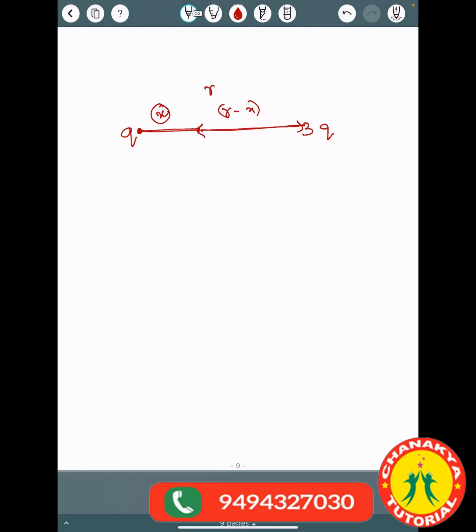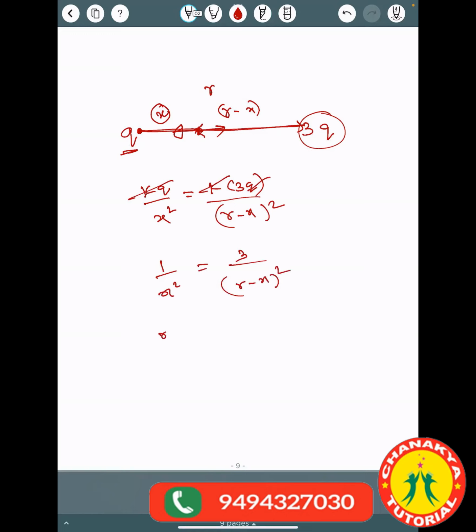What will be the electric field here due to this Q? It will be kq by x square. And this should be equal to the electric field due to 3Q, then only the net electric field will become 0. k into 3q by (r minus x) whole square. kq got cancelled. 1 by x square is equal to 3 by (r minus x) whole square.